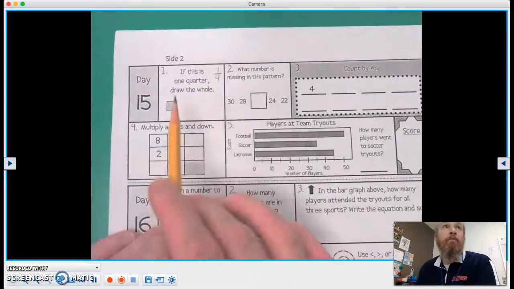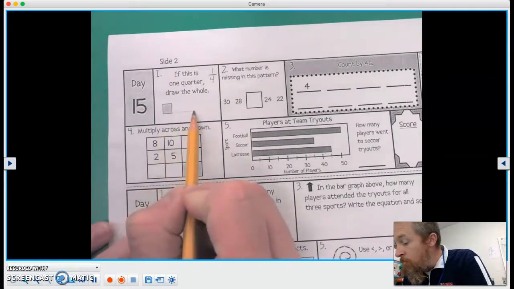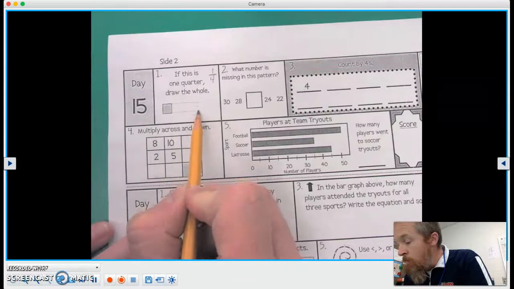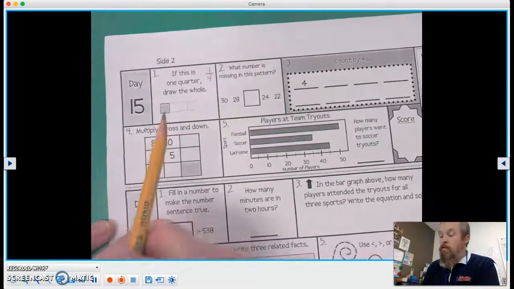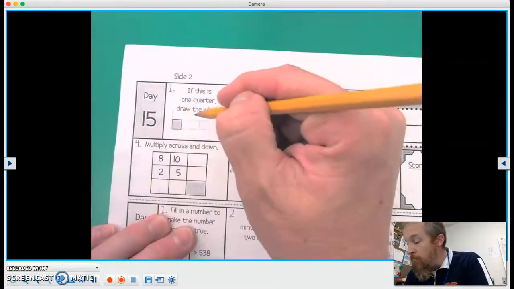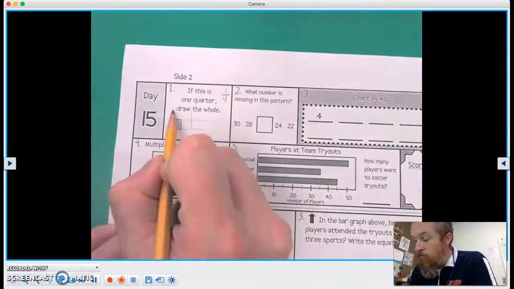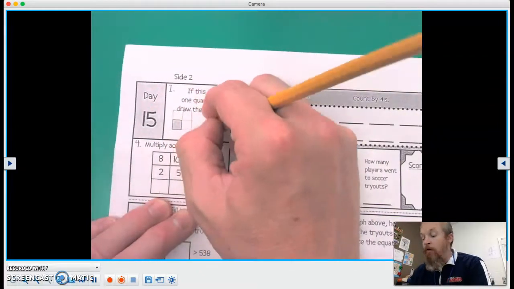So if we know this is 1 out of 4, we could go this route and make 4 equal pieces this way. So then that's 1 out of 4. We could go this way, and we could say 1 out of 4.